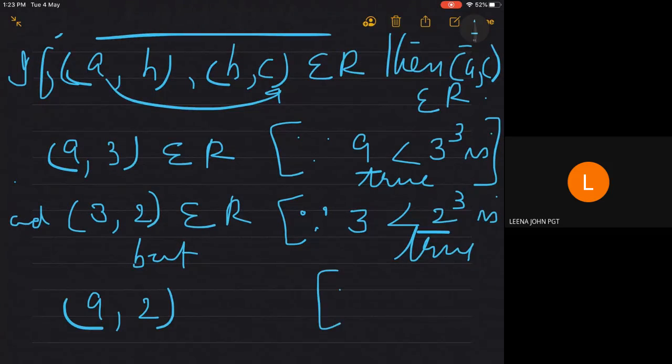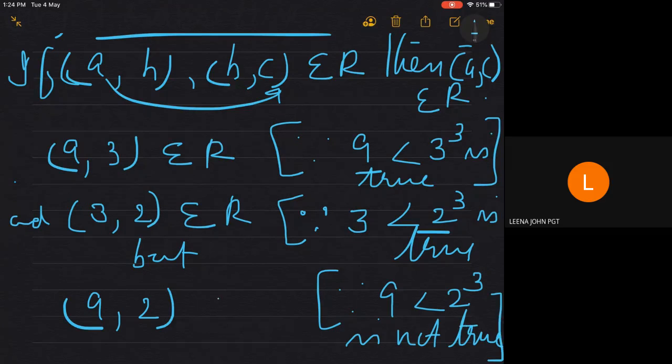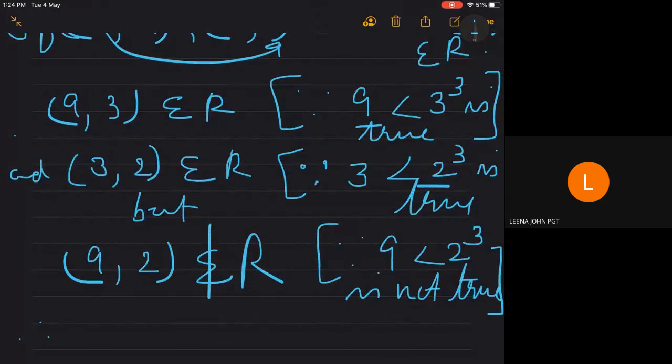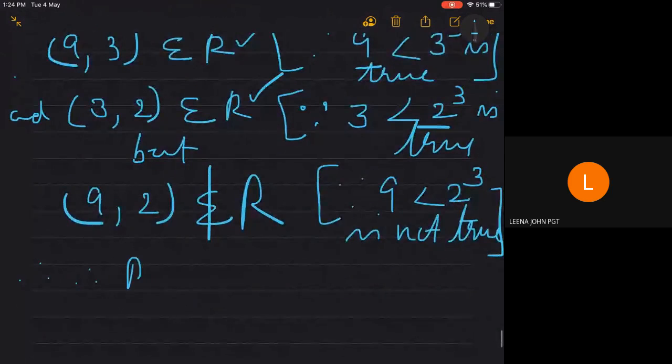You can check here, 9 less than 2 cube is not true. That means the corresponding ordered pair cannot be an element of the relation. Therefore, (9, 3) is present in R and (3, 2) is present in R, but (9, 2) is not present in R. Therefore, R is not transitive.